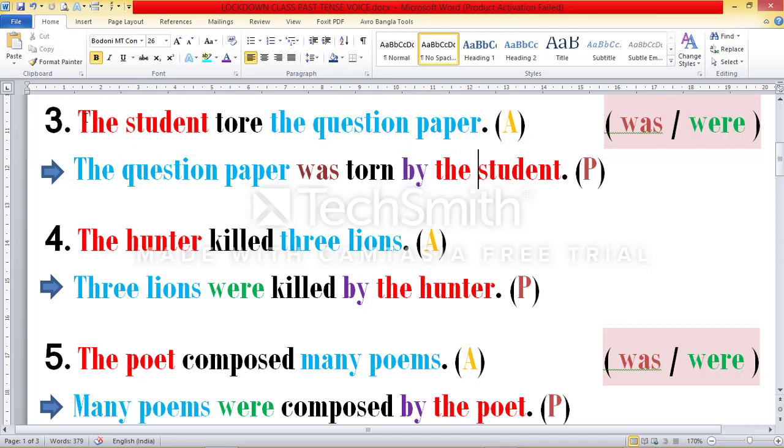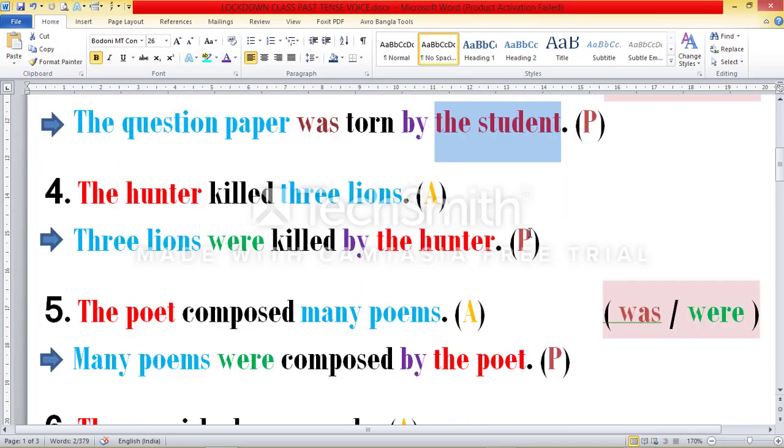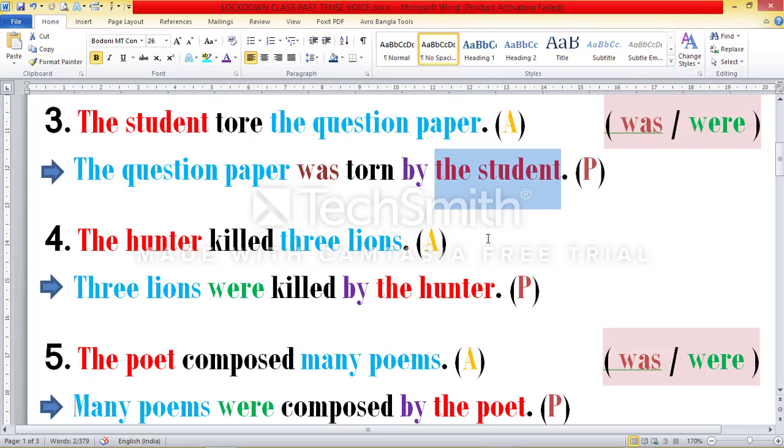Then the subject of the active form will be the object of the passive form. So the student has become object here. So the passive form of the sentence, the student tore the question paper, is the question paper was torn by the student. Now let's go to the fourth sentence.